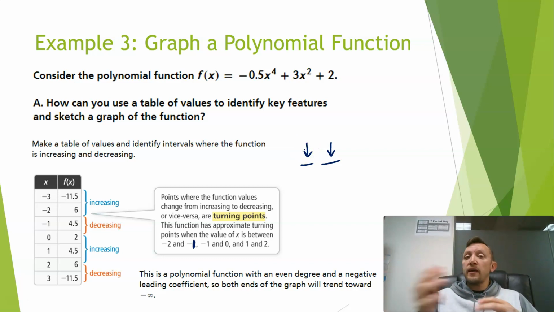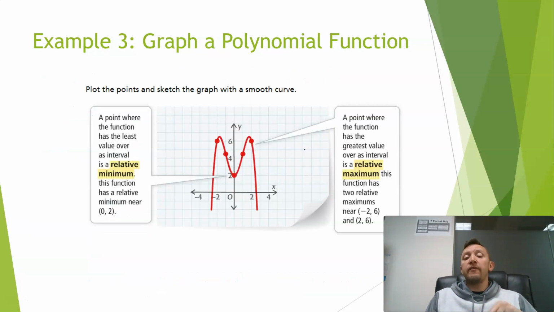So as x approaches positive infinity, the right side of the graph, the y values would be approaching negative infinity. And as x approaches negative infinity, the left side of the graph, y would also be approaching negative infinity. So if we were to actually graph that function, it would look like this. We can see that yes, both ends of the graph are pointing downwards.